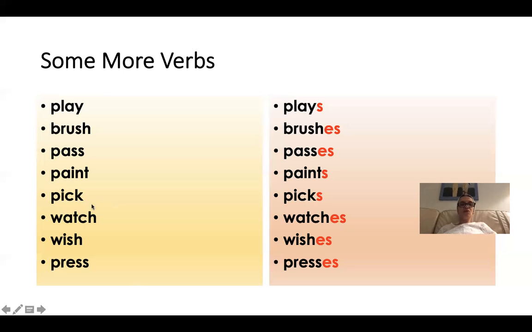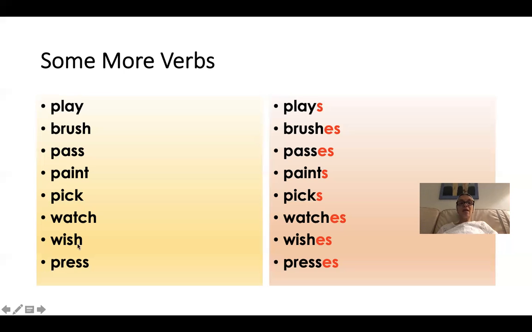Now, watch becomes watches when one person is doing it. Wish, we wish, he wishes. I press, she presses. Okay, because I doesn't follow the rule. I is only one person, and you can also be talking about one person, but they don't follow the rule of adding an s or an es.